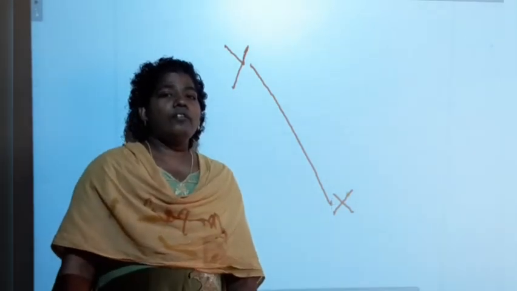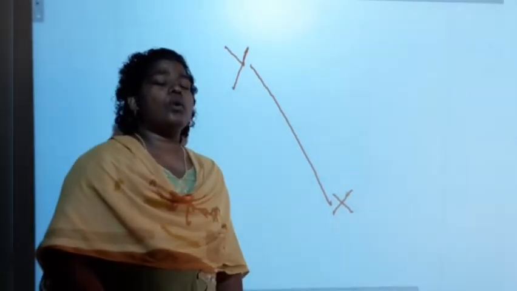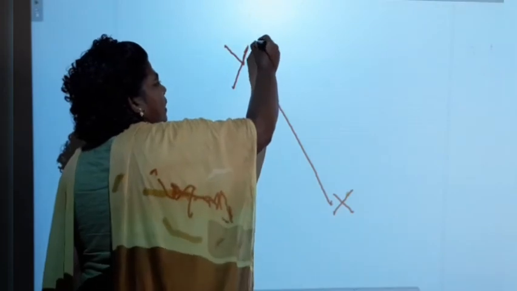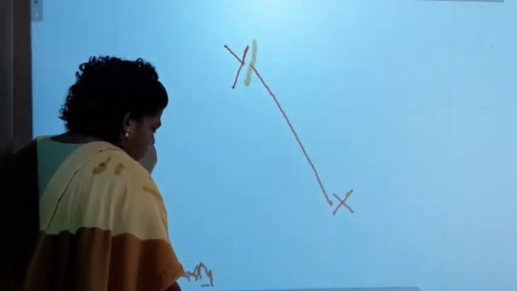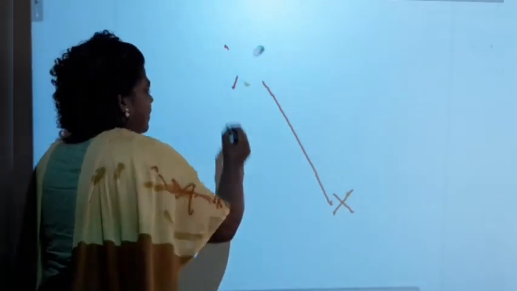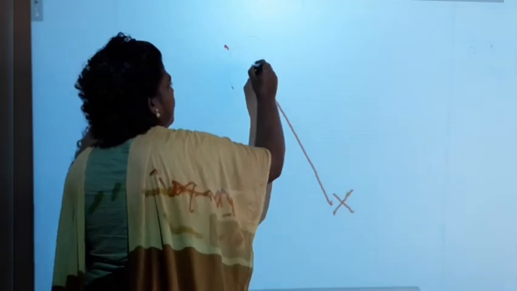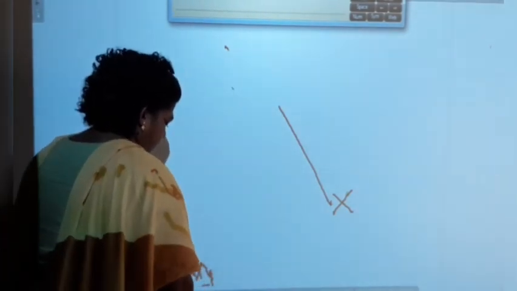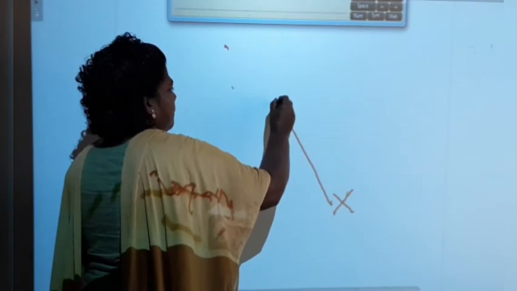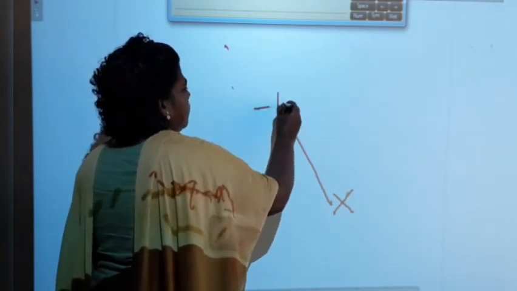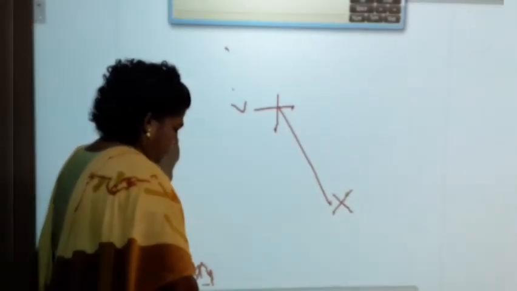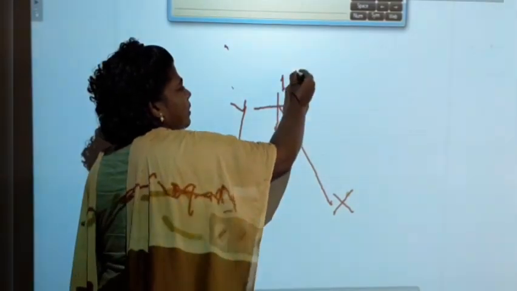Did you understand? After connecting, you have to draw a vertical line and a horizontal line at Y. The vertical line shows the north direction.